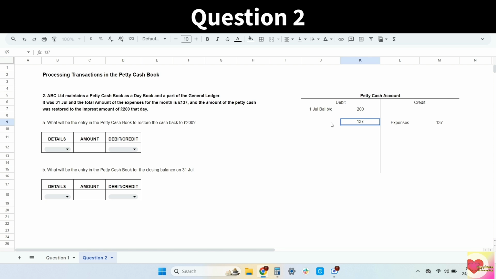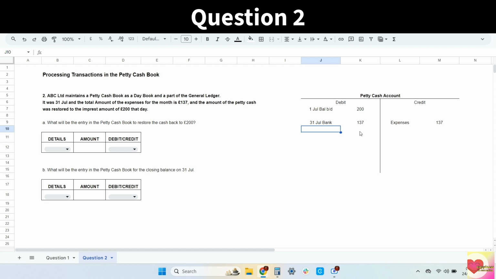So let's enter the same day, which is 31st of July, and then let's enter the same amount, 137, and let's enter bank because this amount will be coming from the bank transferred to the petty cash account.